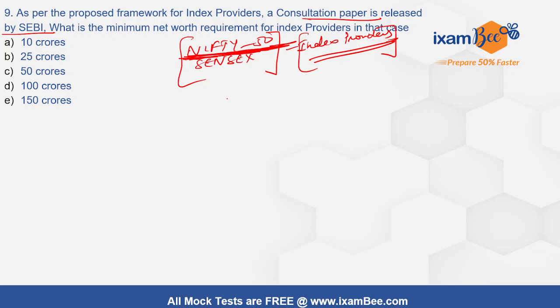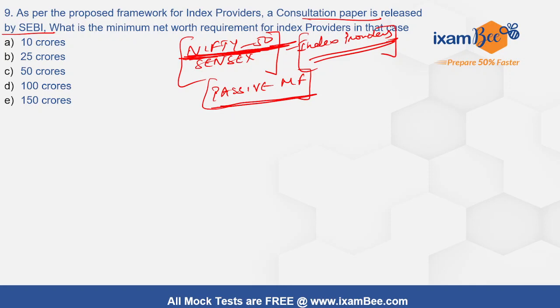The services of these index providers are important. They determine the level of investments in the market, and even passive mutual funds follow these indices for their investment. So these indices are very important to safeguard the investors' interest.